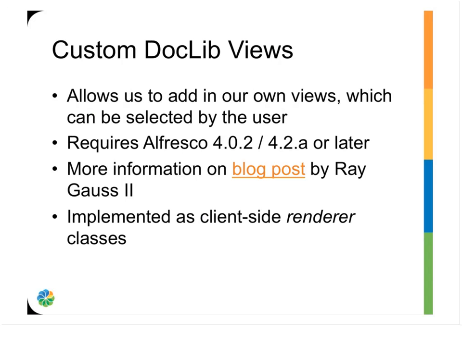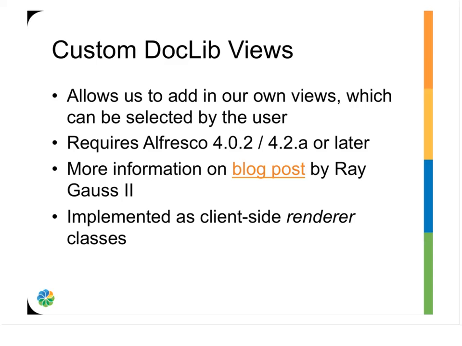Or if you're an enterprise customer, it was also made available in the 4.0 release and the 4.1 releases from 4.0.2 onwards. There's a lot more information available from developer Ray Gauss, who implemented this capability, and that's on his blog. You can click on that link there within the slide, that's hyperlinked to go there, and I've also included that link at the end of the presentation on the very last slide.